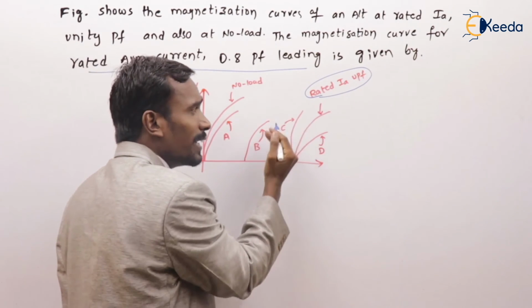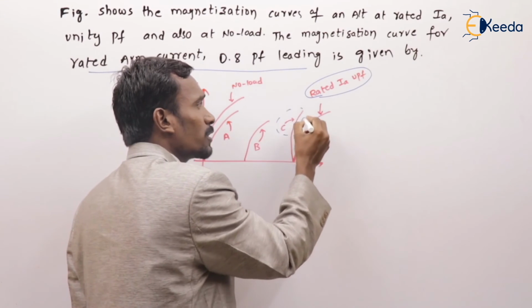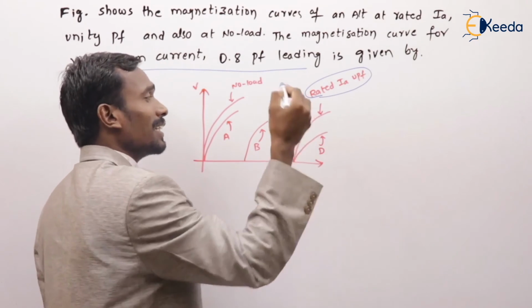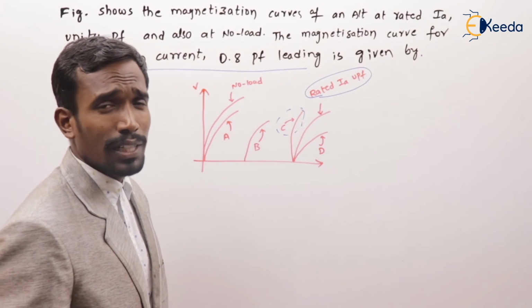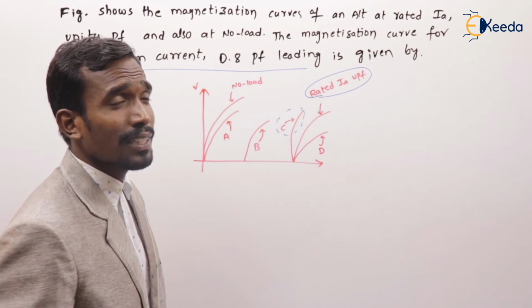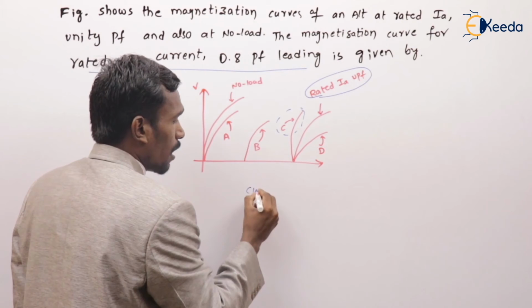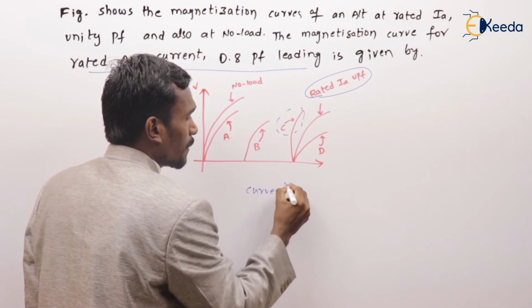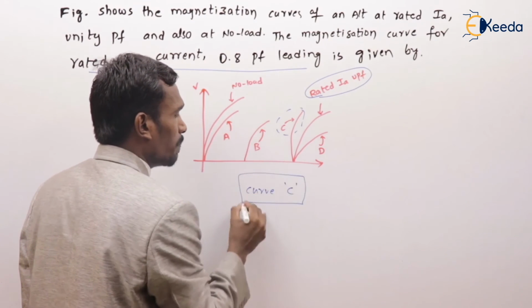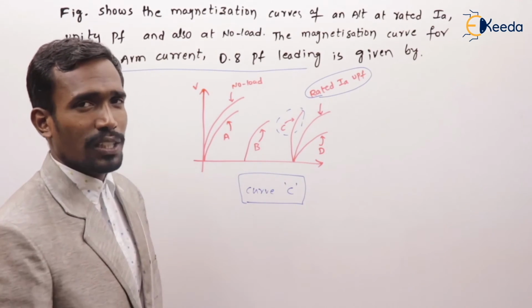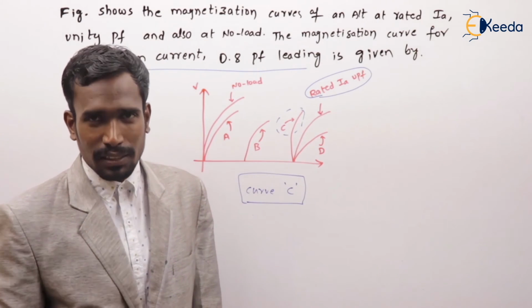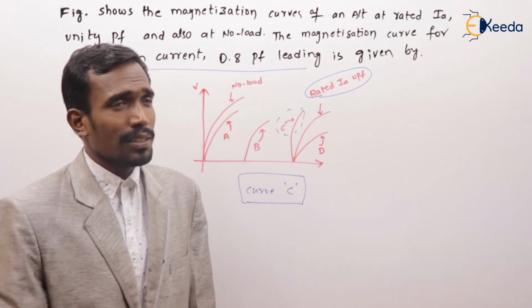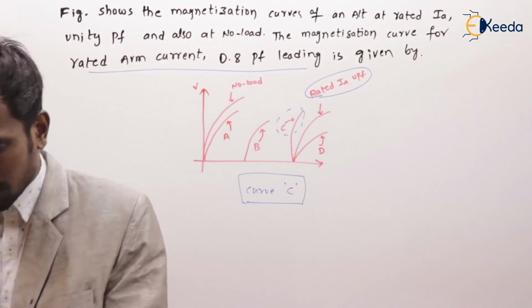So leading is nothing but the curve C. Lagging is nothing but the curve D. You know that already. So what is our answer? The curve C represents the leading power factor magnetization curve. Yes, this is the answer.